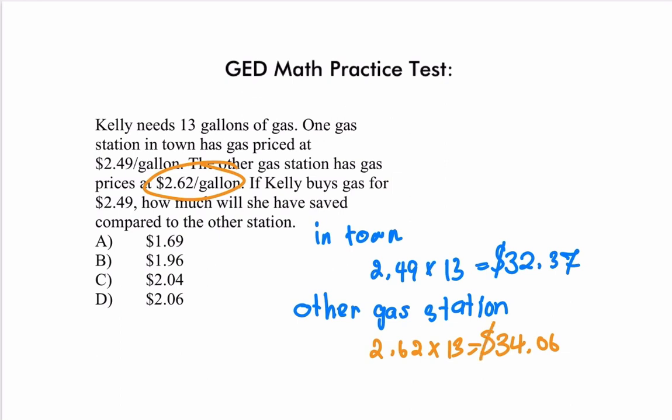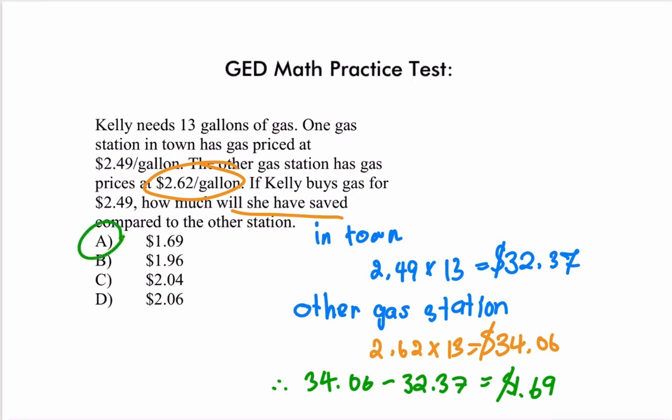They ask how much you saved, so we need to subtract them. 34.06 minus 32.37, so the answer is 1.69. Okay, recheck: 34.06 minus 32.37 is 1.69. So the answer is A.